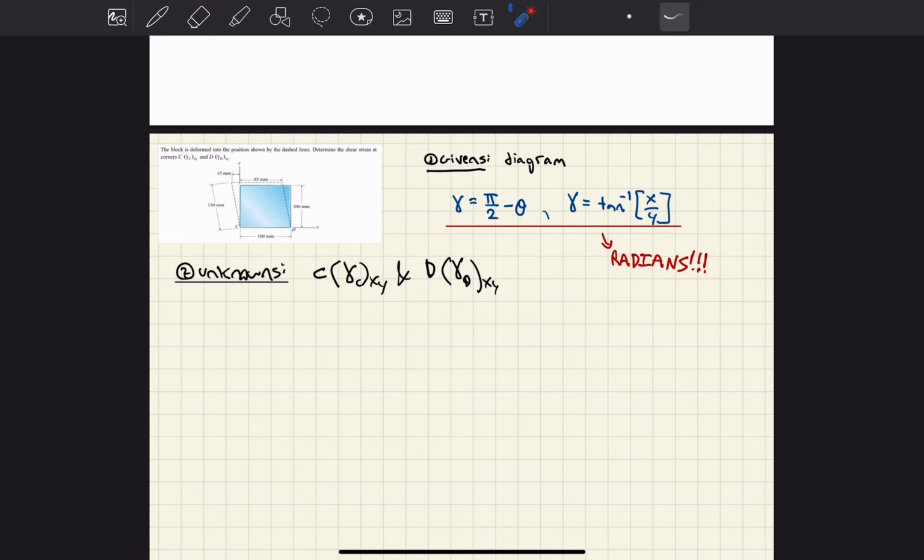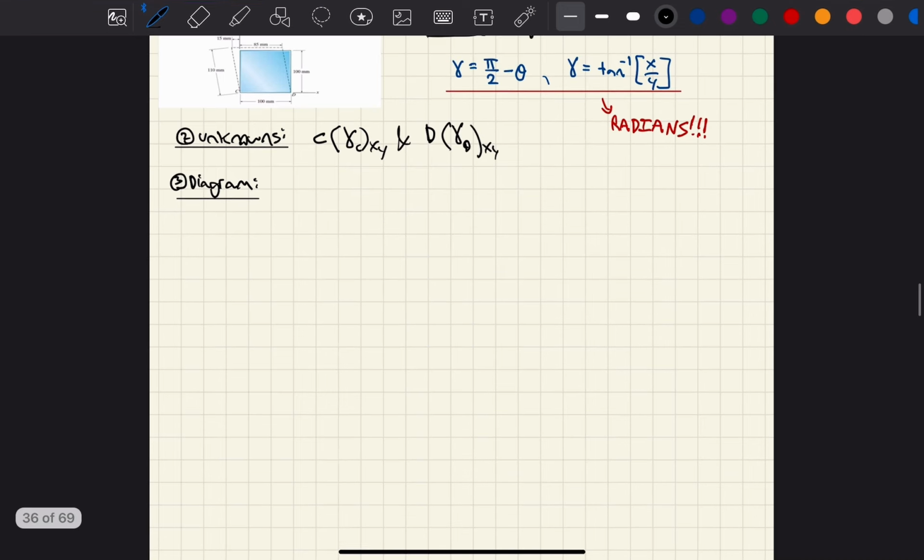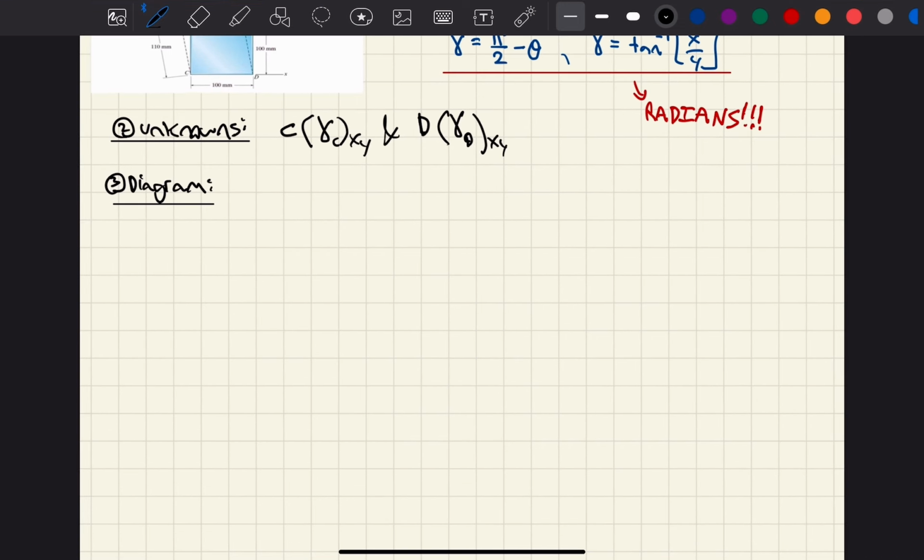Okay. Let's move into the diagram. Because the concept again is very simple, it's literally just trigonometry, but there are a lot of ways to mess up.